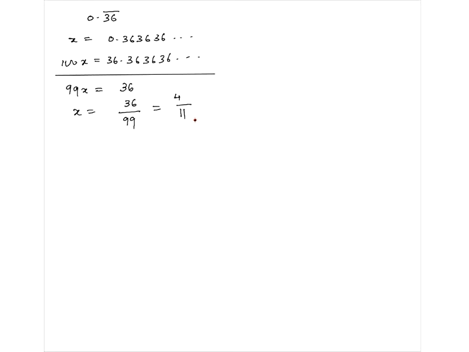Now, this was the case of 2 repeating, 36, 36, 36. So we multiplied by 100. Now look at this. Point 001, the whole thing has got a bar.